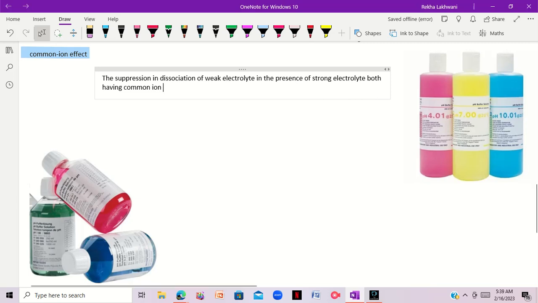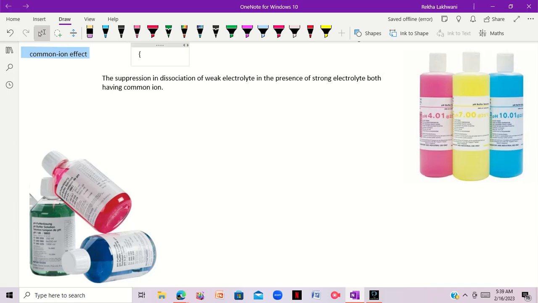Basically the suppression, or you can say the decrease in dissociation, the decrease in the ionization. You can also write over here decrease in dissociation.